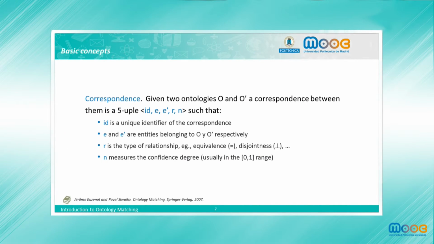Given two ontologies, a correspondence between them is a set of values composed of the ID of such correspondence, the IDs of the two entities belonging to the two ontologies that we are matching. It contains also the type of relationship, that is, if it is an equivalence, disjointness, or any other class of relation, and the value that indicates the confidence degree of this correspondence.